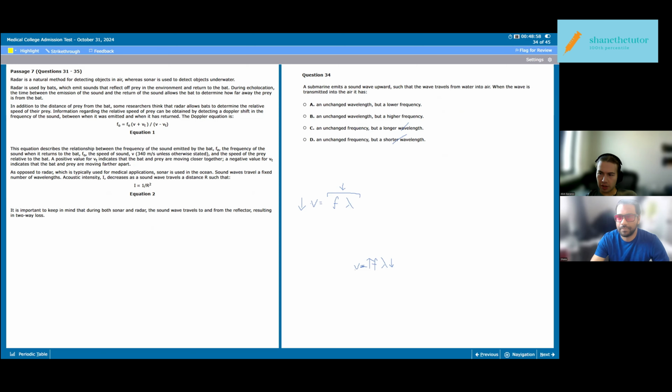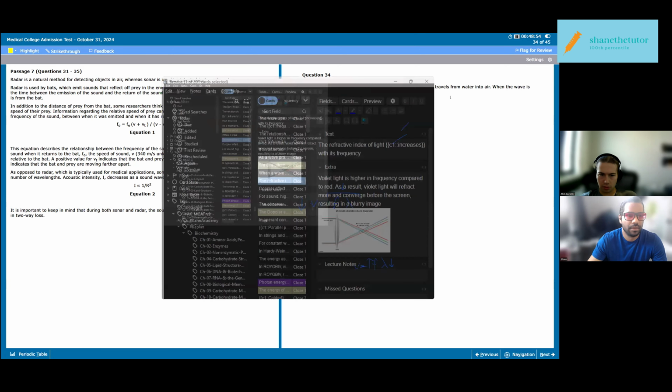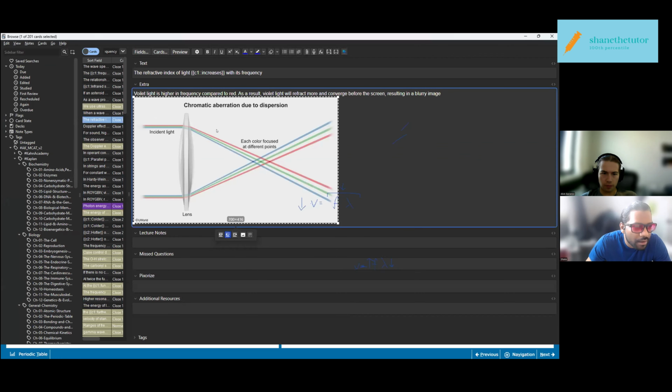Can you explain this? I had a question on this in UWorld a while back. This is saying refract more, but as you have something with a higher frequency, it doesn't mean that the frequency of anything changes.